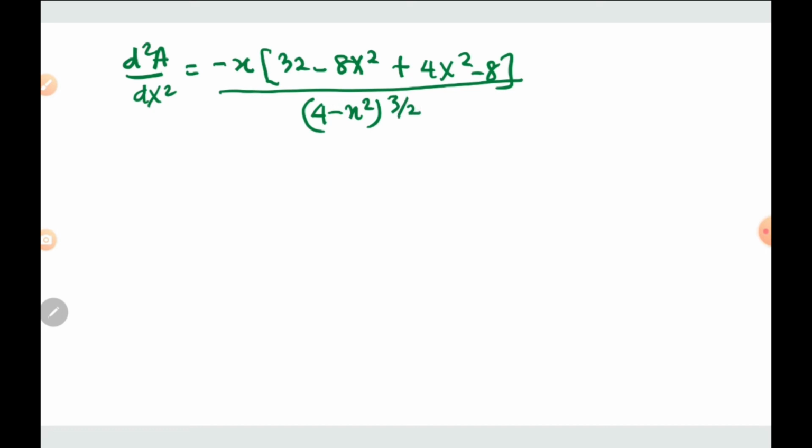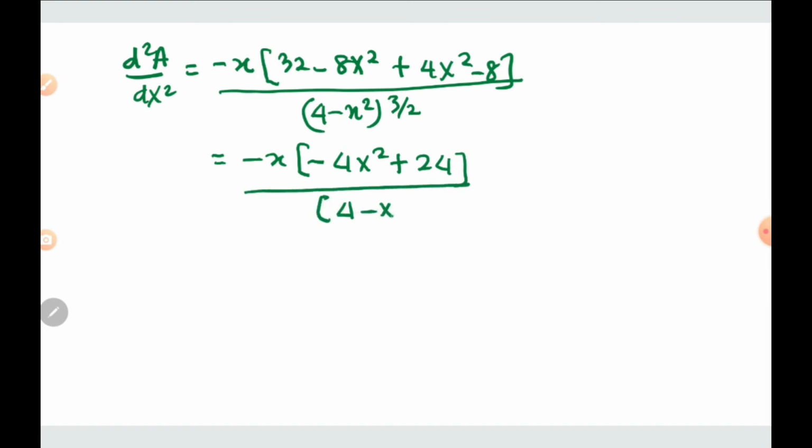Okay, I combine the factor of 4 minus x squared, collect together to be the denominator here, and simplify to get negative x multiply with negative 4x squared plus 24, over (4 minus x squared) to the power of 3 over 2.